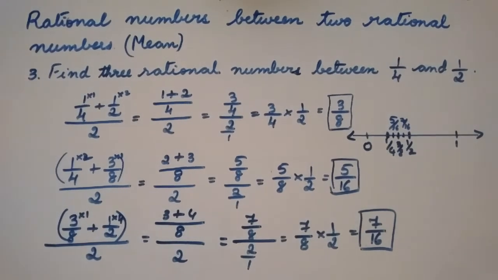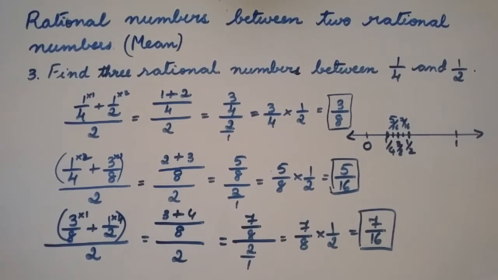In the same way, we can obtain as many rational numbers as we want between two given rational numbers. And also we find that there are countless rational numbers between any two given rational numbers.